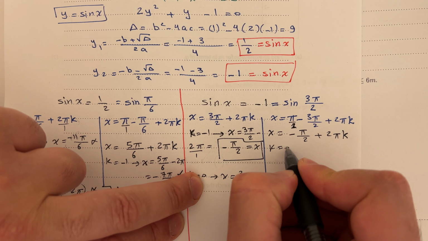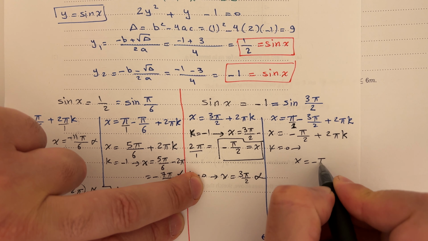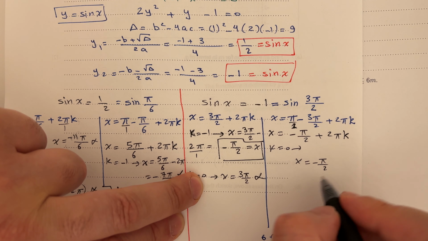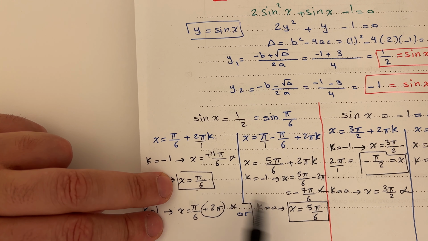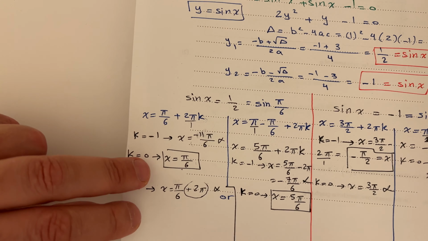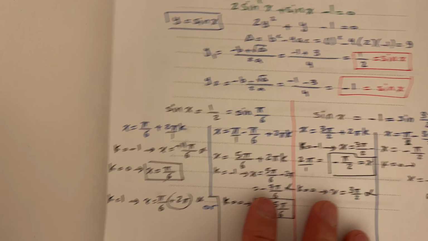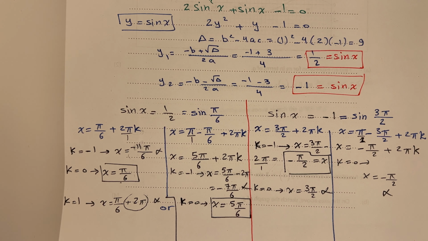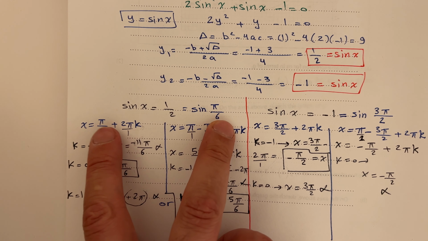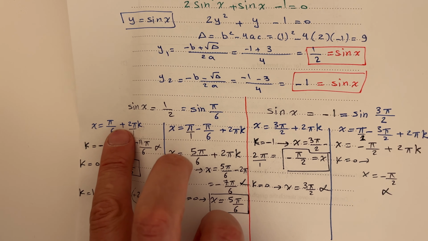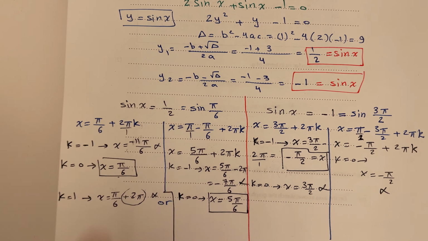Because if you put k 0, x will be -pi over 2, already found, so stop. So here there are 3 solutions for this equation. This is a trigonometric equation, sine equals sine. Either x equals the angle or x equals the supplementary. Thank you.